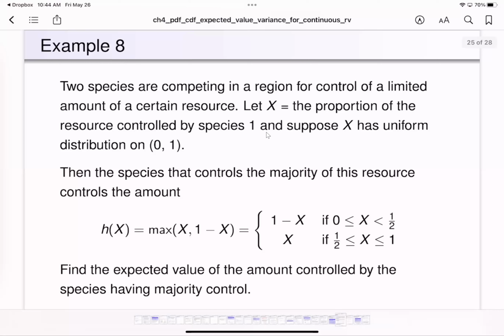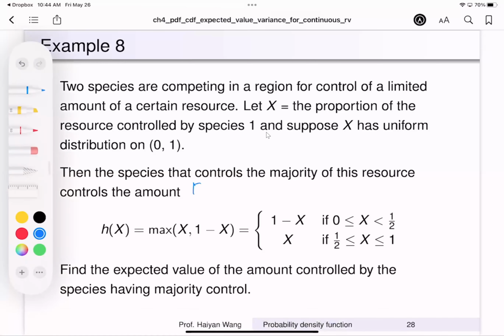And when we try to calculate the expected value of the amount controlled by the majority, we would be calculating this integral. So when we calculate the expected value E of h(x), what we're really doing is h of x times the density. The density is just 1.